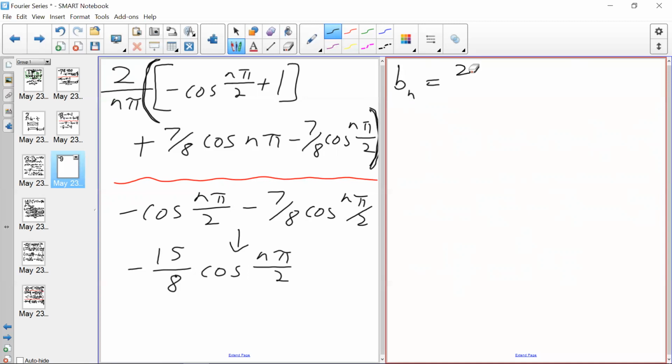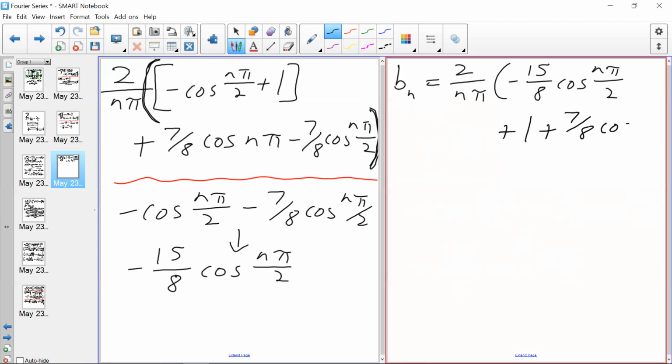So this is going to be 2 over n pi times negative 15 over 8 cosine n pi over 2, which is this from that. And then that's going to be plus 1 plus 7/8 cosine n pi.